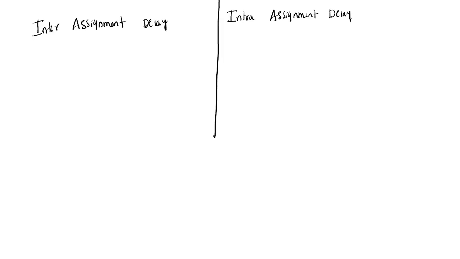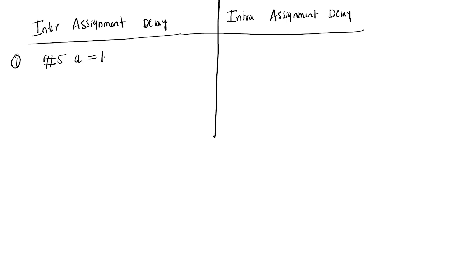Here in inter assignment delay, suppose hash 5 A equal to 1, this whole statement will be executed after 5 time units.